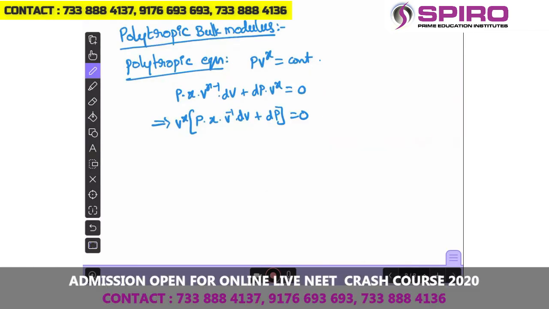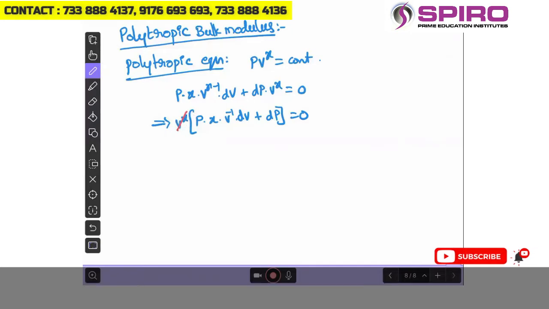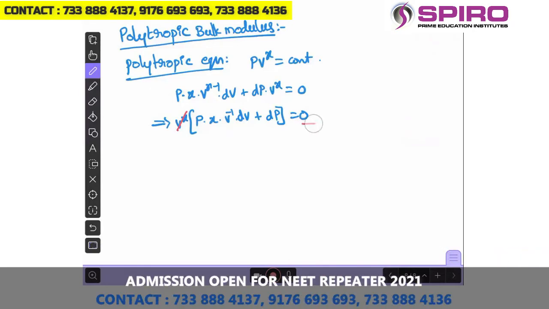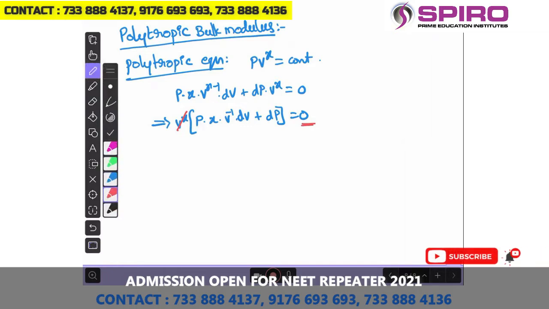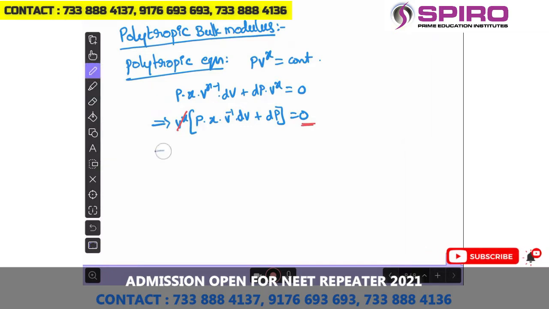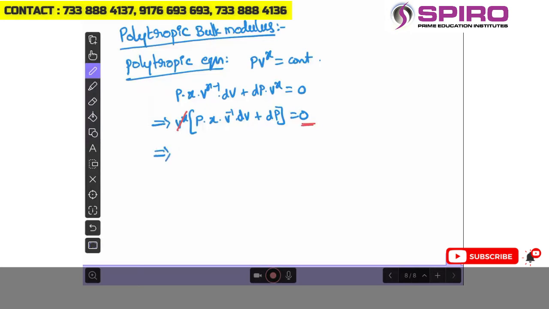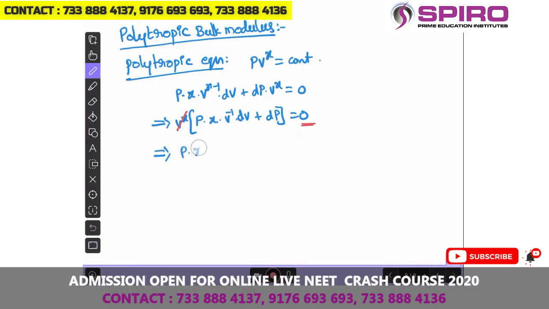The polytropic equation is PV power x equal to constant. By taking the differentials and simplifying, we can get an expression like this, and V to the power of x can be cancelled by shifting it to the right side. Since the right side is 0, it vanishes, and the remaining terms can be written as px divided by v into dv equal to minus dp.